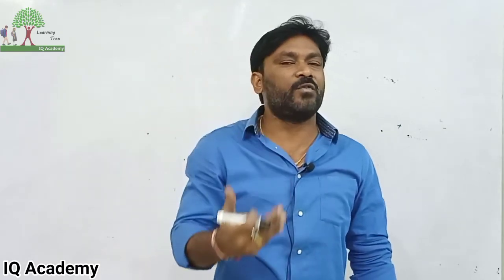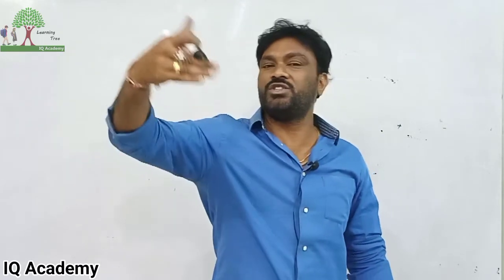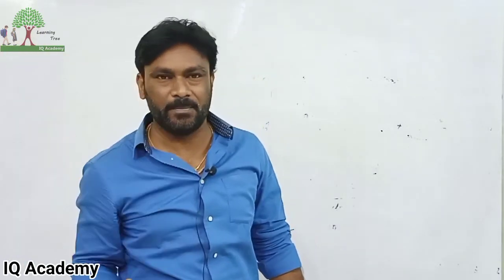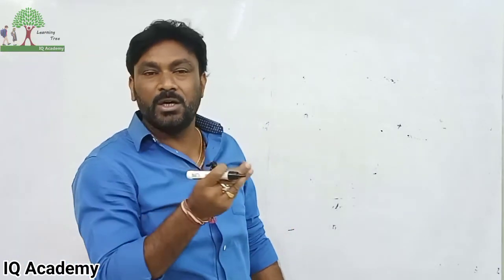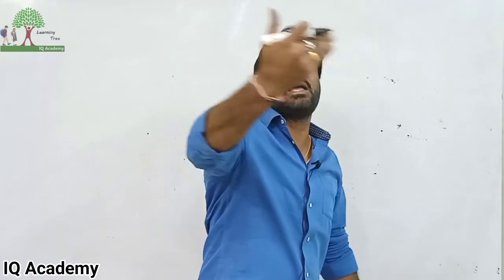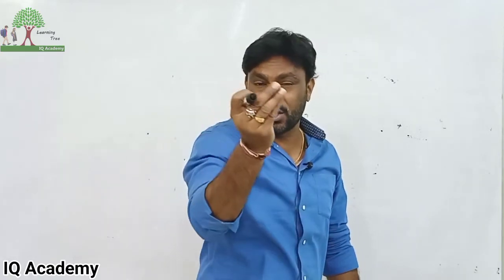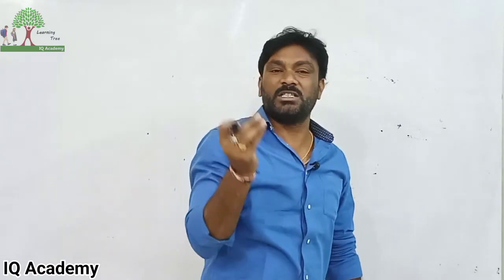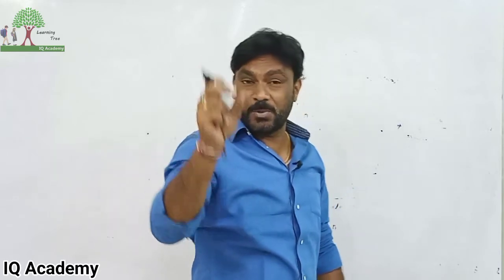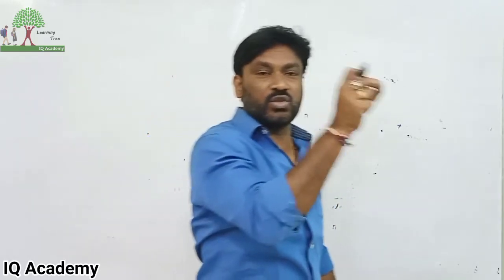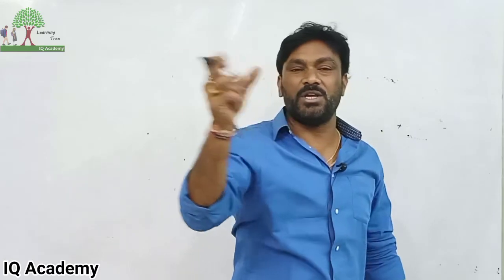Inspiration is intake of oxygen; expiration is release of carbon dioxide. In higher organisms like us, lungs play a major role. Lungs are the respiratory organs. Respiration through lungs is called pulmonary respiration.